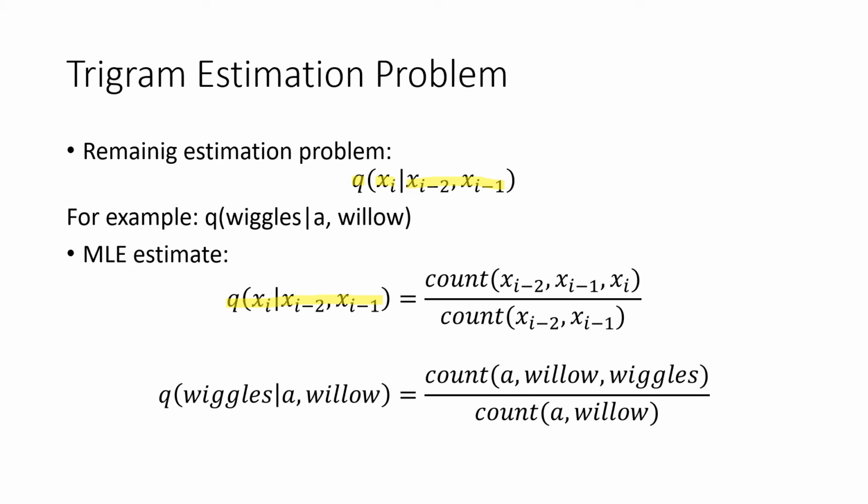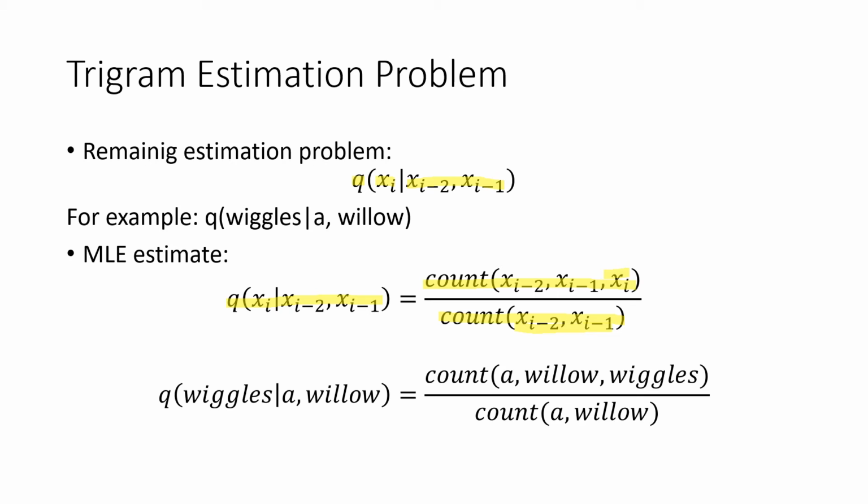In the numerator we count the number of trigrams that occurred in our data set, and in the denominator we have the number of bigrams that occurred in our data set. So basically this is the ratio which says what portion of these bigrams is followed by this third word.